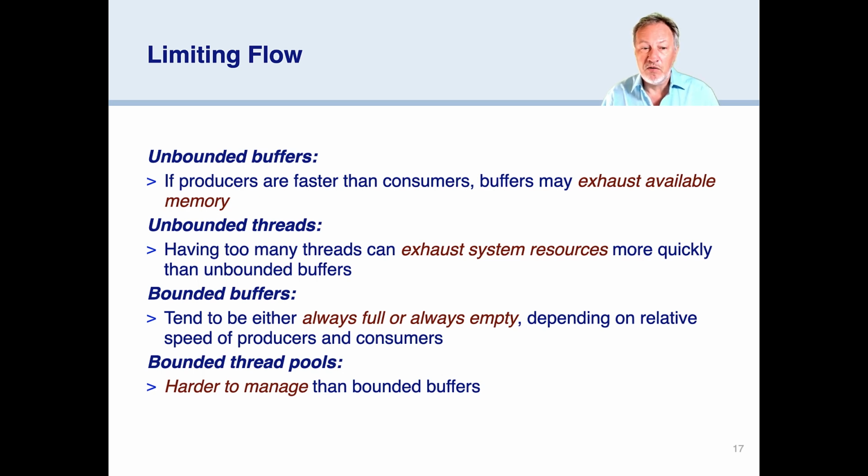Another issue is what the bound on the number of threads is. Clearly with the Unix pipes and filters chain, there's a fixed enumerated list of commands that get executed, and you get one process for every command. So they're strictly limited.